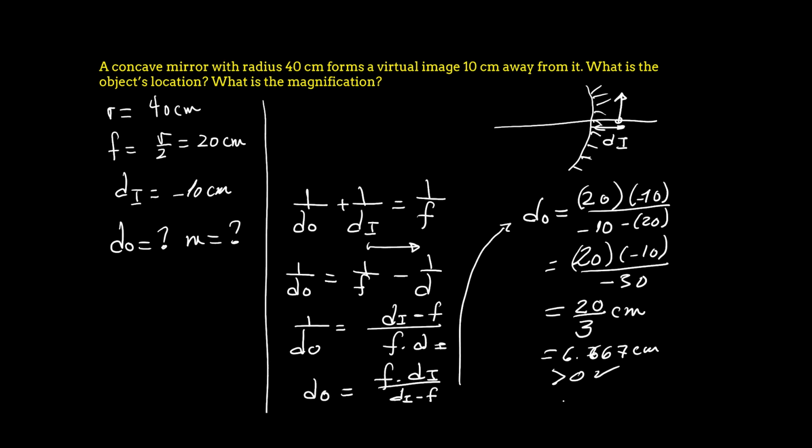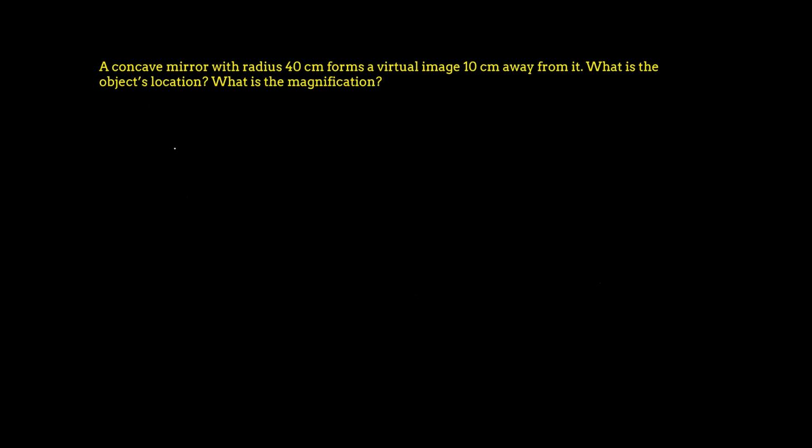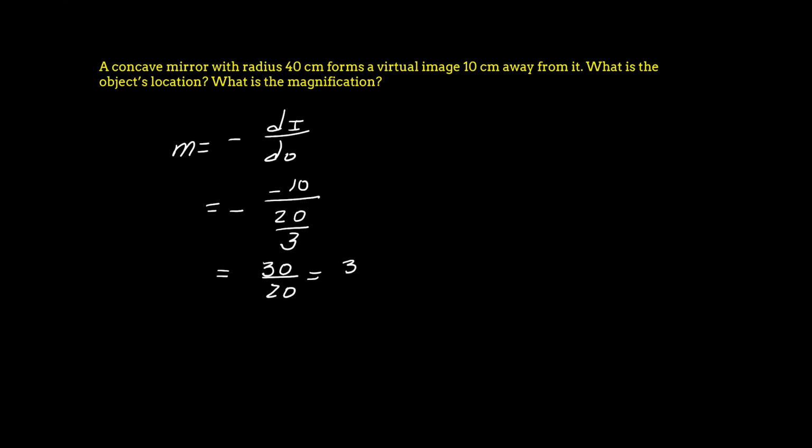Now let's look at the magnification. M is negative DI over DO. DI is negative 10, DO is 20 over 3. So this is plus 30 over 20, which is 3/2, or 1.5.